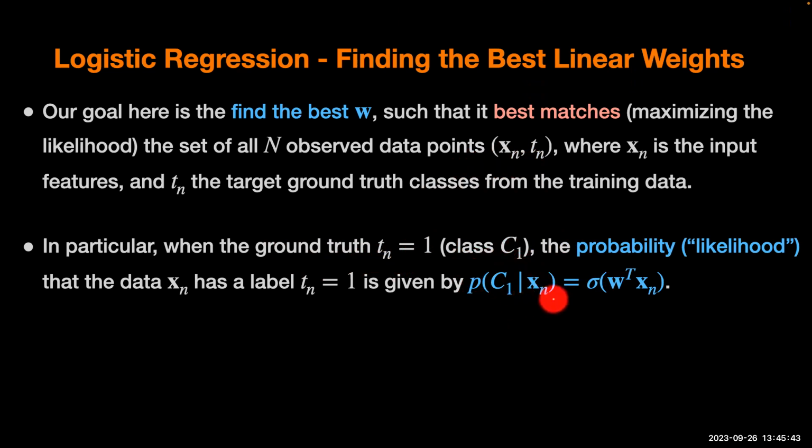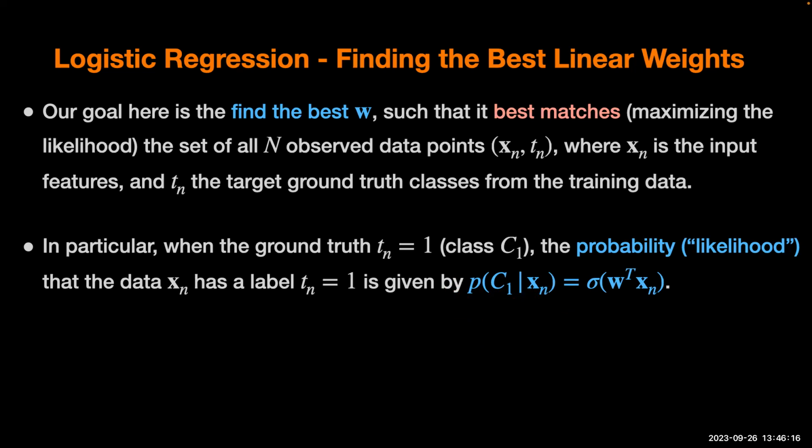So under the assumption of the logistic regression, P of C1 given Xn is just this term, the sigmoid of the linear boundary, right? Importantly, the W here is not a fixed value. This is my proposed value. For different proposals, I will have different likelihoods for this data. I want to optimize my W such that I optimize the likelihood of observing this ensemble of data.